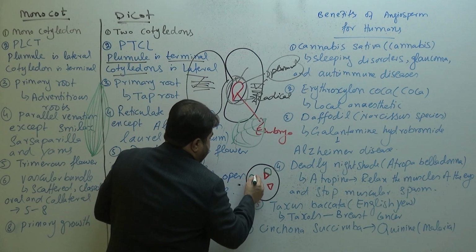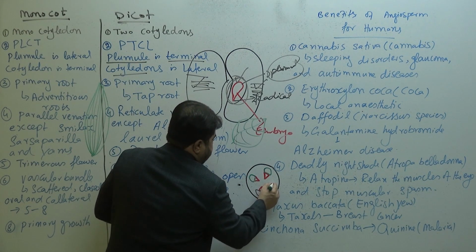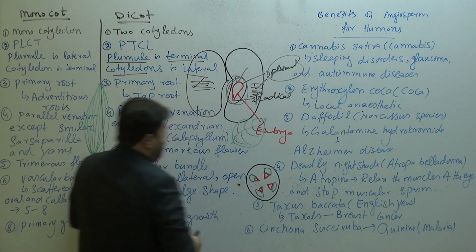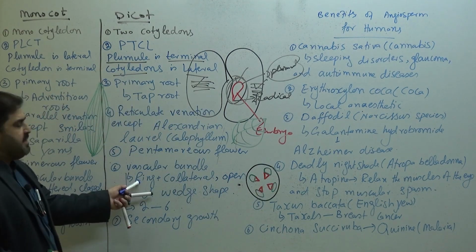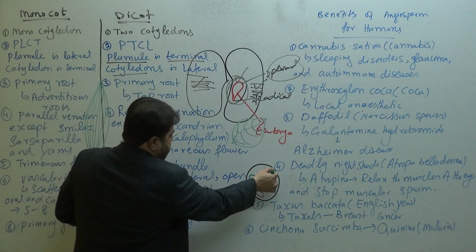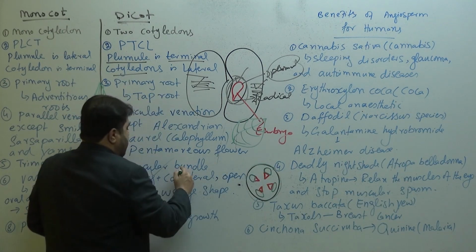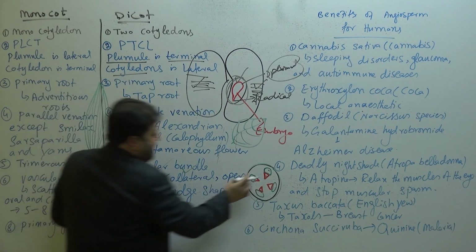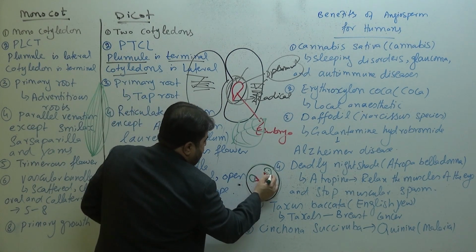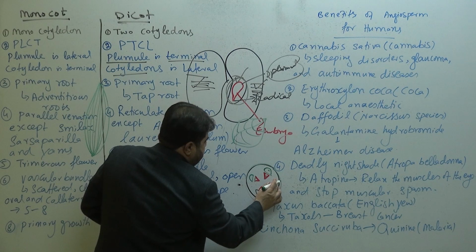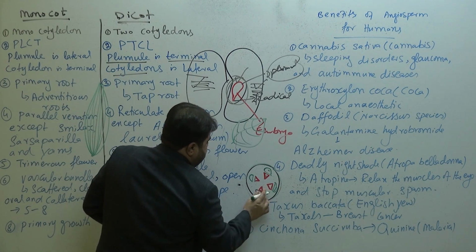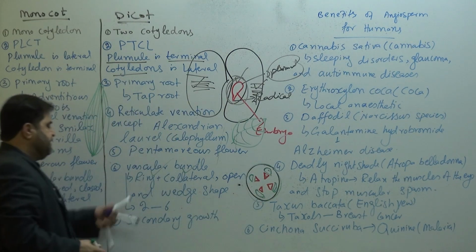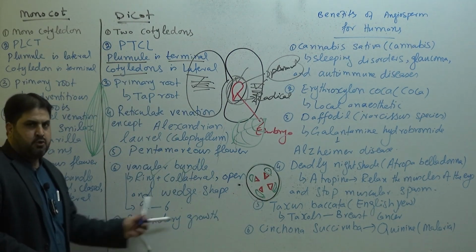They are present in a ring form. They are collateral, side by side, and open, meaning they are not closed. So they are open and wedge shaped. This is about their shape. They number around 2 to 6.